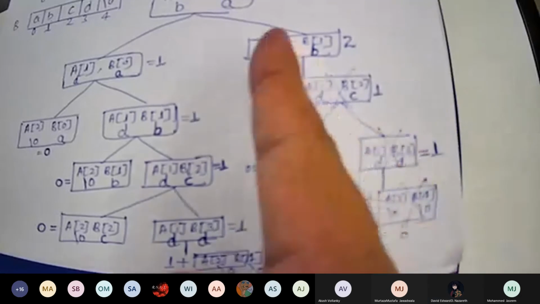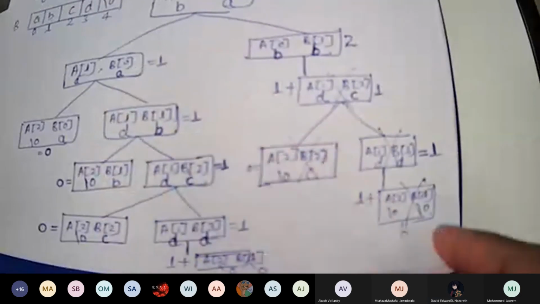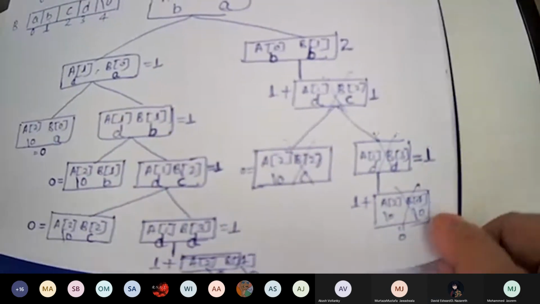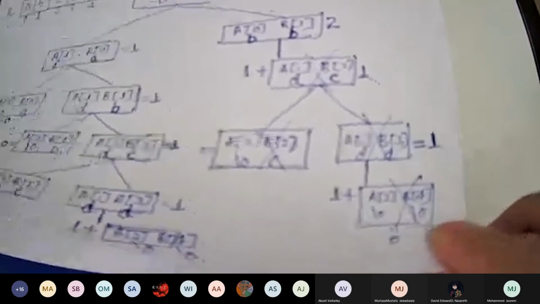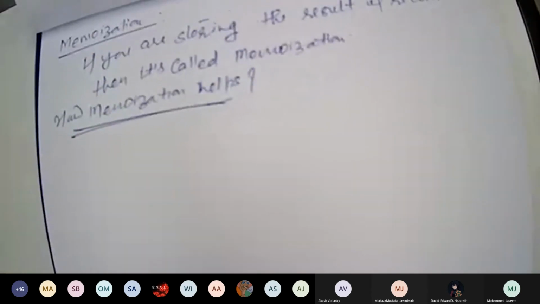So, any confusion about whatever we have done in implementing the algorithm? No? Okay. So how can we make these tables?